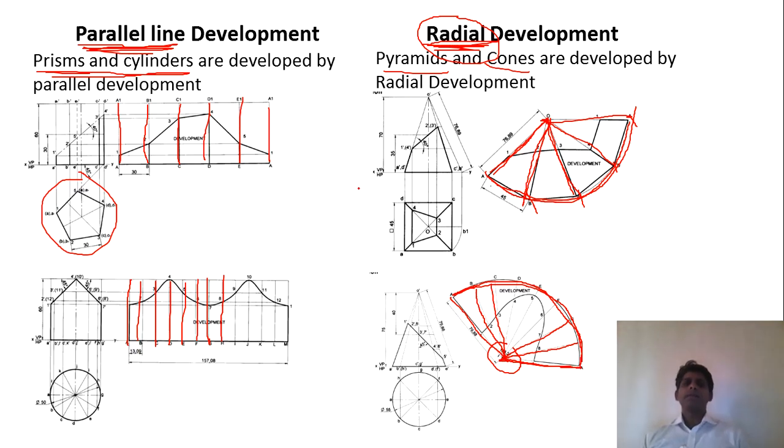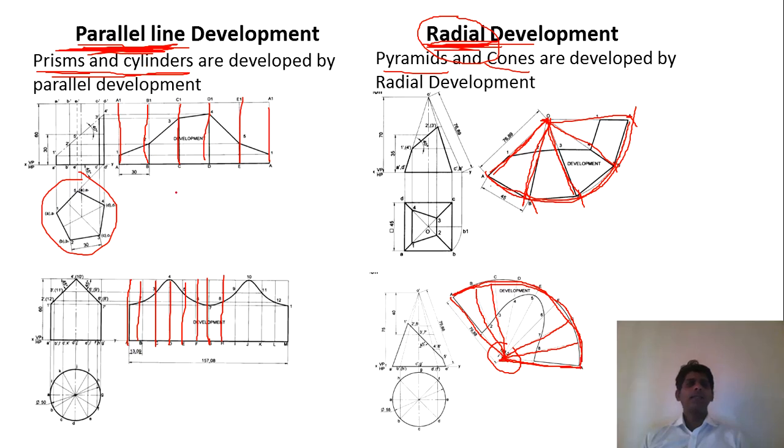Oblique solids, where the axis is inclined at some inclination, also have methods to develop them, but those problems will not be solved in these particular videos. So there are two methods. The ultimate conclusion is that right now we have to study parallel line development and radial line development.